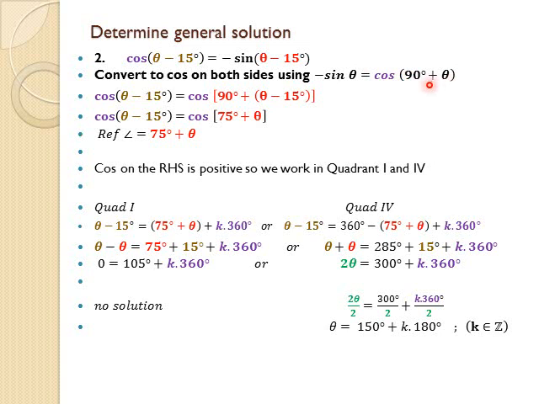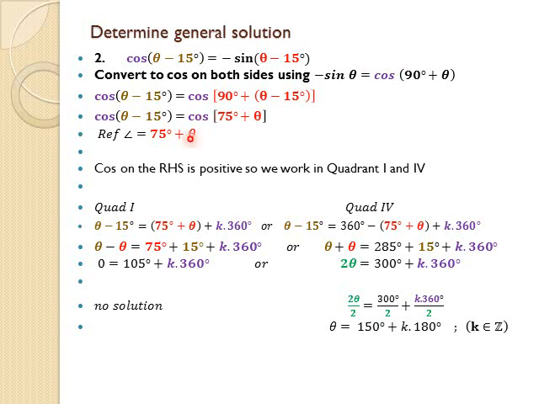I'm just showing you a different variation. So there, to make them both cos, that stays the same. That would now become cos of (90 plus theta minus 15 degrees). So 90 minus 15 would give me 75 plus theta. So my reference angle is 75 degrees plus theta. Cos is positive there, so we're working in the first and fourth quadrants, the only two places where cos is positive.